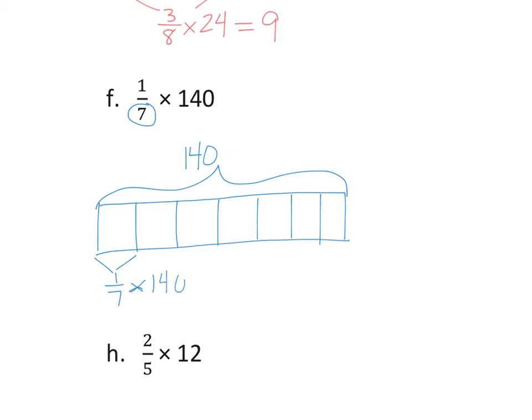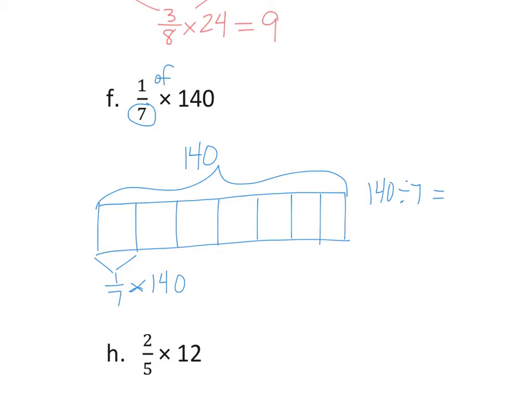So 1/7 times 140, or remember, times also means "of." 1/7 of 140. So we're going to take 140 and we're going to divide it into those 7 boxes. Now you're like, oh, this is the big problem. I don't know how to do it.